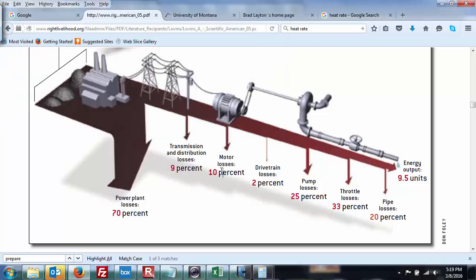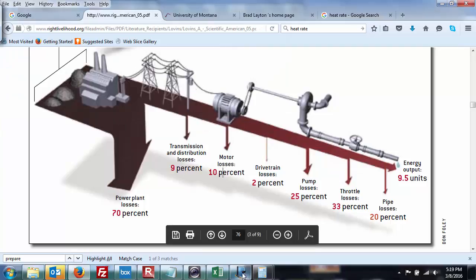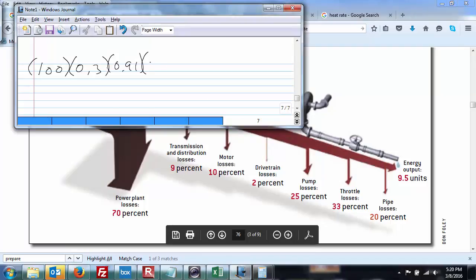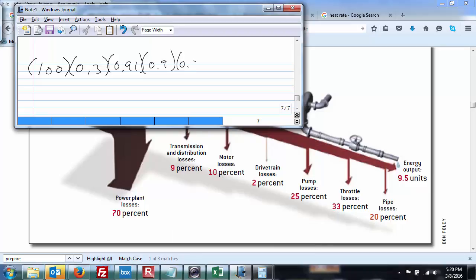We lose another 10% of that, so we multiply by 0.9, then by 0.98, then by 0.75. I'm just taking 100 minus each one of these numbers, then 0.67, and then 0.8. So let's run those through the calculator.